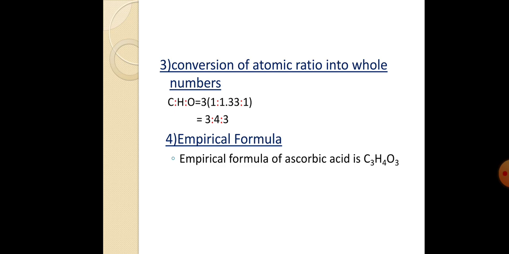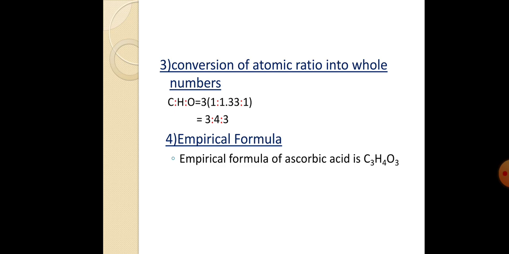Here you can see atomic ratio 3 for carbon, atomic ratio 4 for hydrogen, and atomic ratio 3 for oxygen. So the empirical formula of ascorbic acid becomes C3H4O3. In this way, we can calculate the empirical formula of any compound if we know the percentage composition.